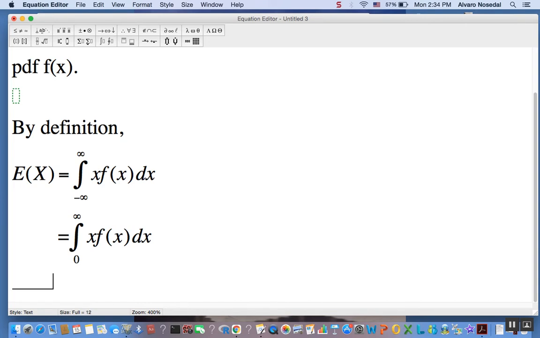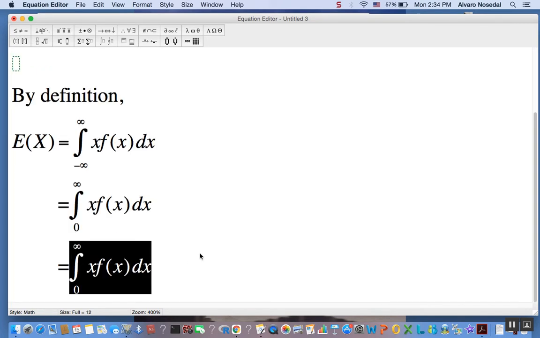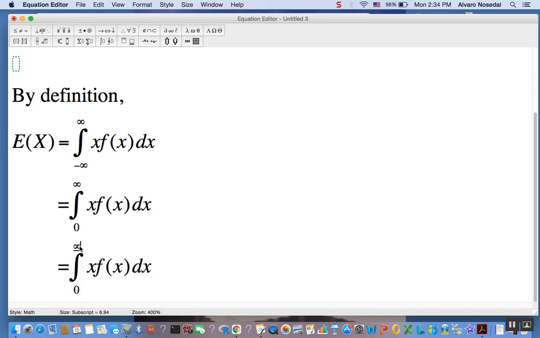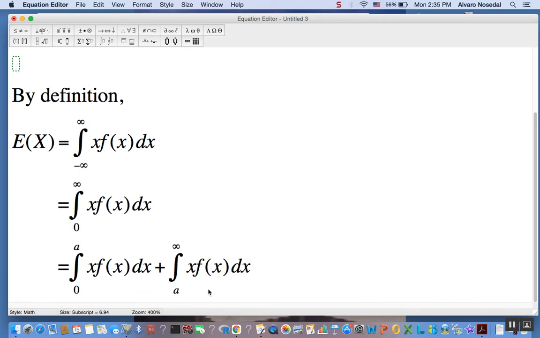So a first step in that direction would be breaking down this integral into two integrals. We could have the integral from 0 to a, and a is positive, so that's good, it lives between 0 and infinity. And then the other part from a to infinity.